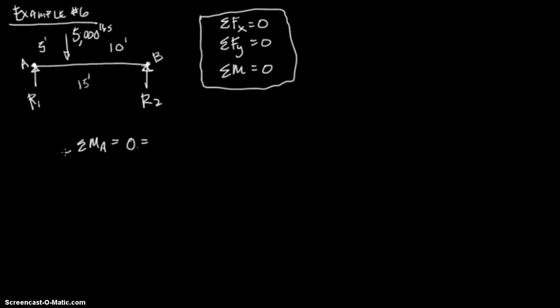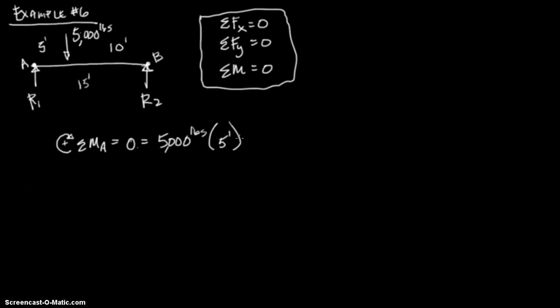Sum of the moments about point A equals 0. So you get, let's go ahead and do your positive moment. That's going to be positive. So let's go from left to right. This is 0, we know, then 5,000 pounds times 5 foot. Oh no, that's wrong. That's going to be positive. I messed up. That's going to be positive because this is going to be going that way. So that's positive, as we said, 5,000 pounds and 5 foot.